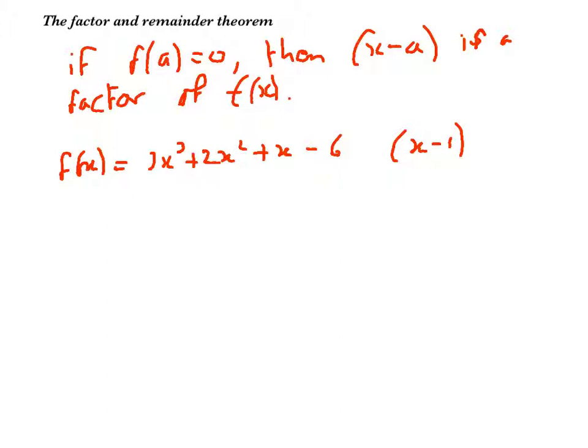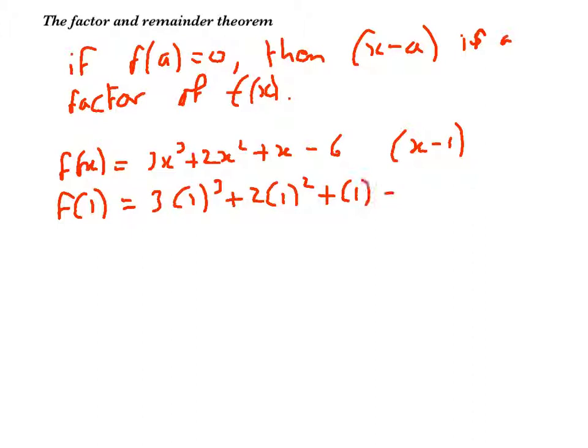We're going to use our formula. Here, my a must be 1, mustn't it? So if I put f of 1 equals, and I replace all my x values by 1, I get this. And if I put that into a calculator, or use my mind, I get 3 plus 2 plus 1 minus 6 equals 0.